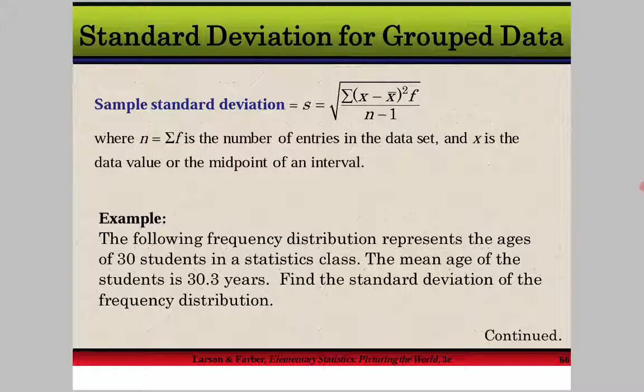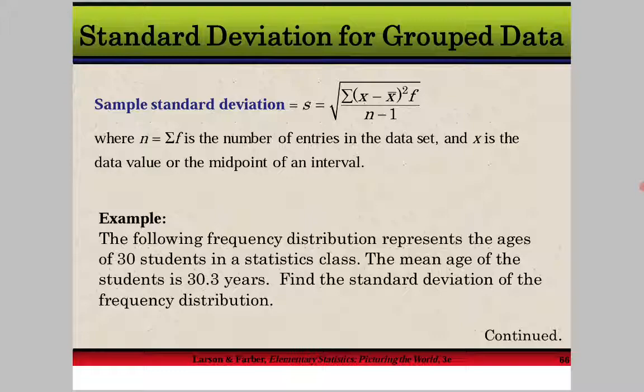S is equal to the square root of sigma f times (x minus x bar) whole squared, divided by n minus 1, where x is the data item, f is the frequency, x bar is the mean, and n is the number of items. So the problem is: the following frequency distribution represents the ages of 30 students in a statistics class.